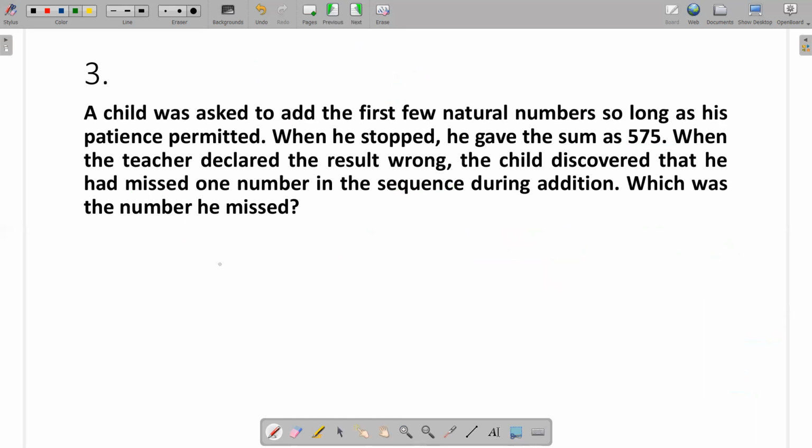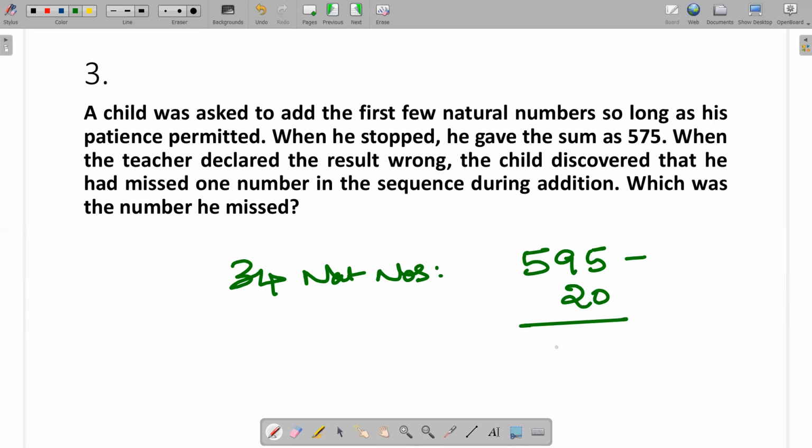So when the child added the first 34 natural numbers, he accidentally missed the number 20. His total should have been 595, but since he missed 20, he got the total as 575, and that is what is given in the question.